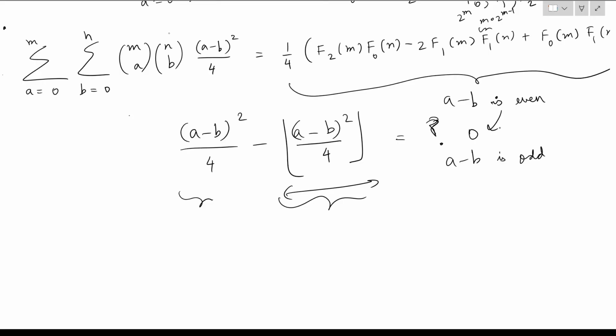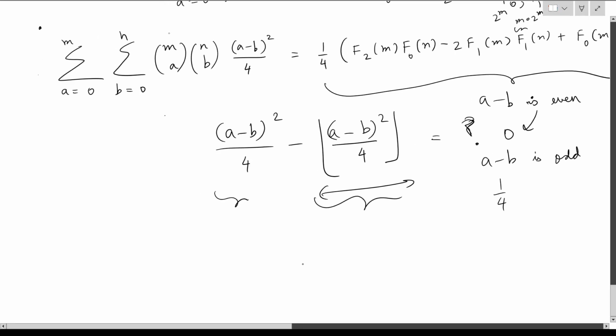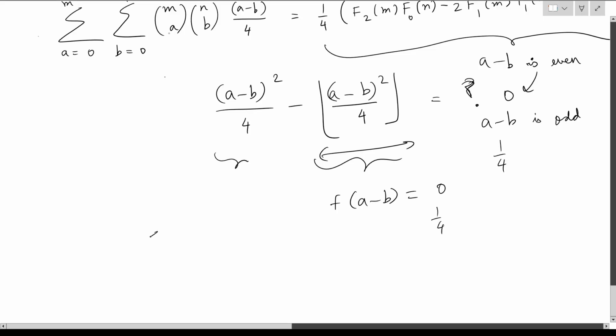And so this is 0 if a minus b is even and 1 by 4 if a minus b is odd. So now all we need to next compute is, if I define a function f again, let's say of a minus b this way, which is like 0 if it's even and 1 by 4 if it's odd, then all I need to compute is this.